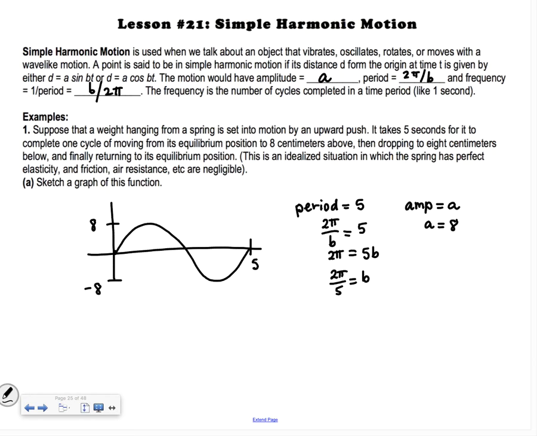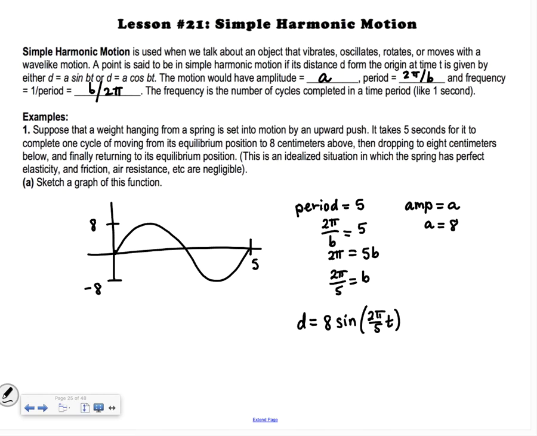But since this one does start along the x and y axis at the origin, we just use sine. Okay, but we could do some kind of shift and make it a cosine function. Okay, so that means that our equation is going to be d equals a, which is 8, sine of bt. So we're going to have b is 2 pi over 5 t.